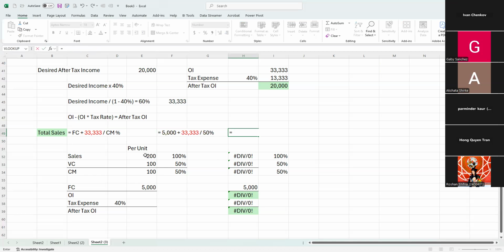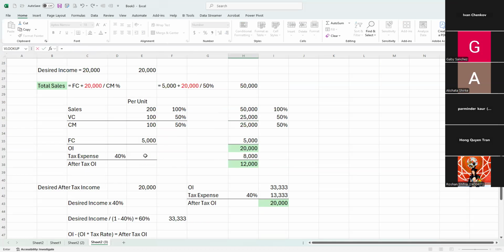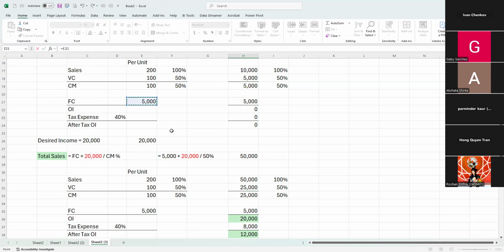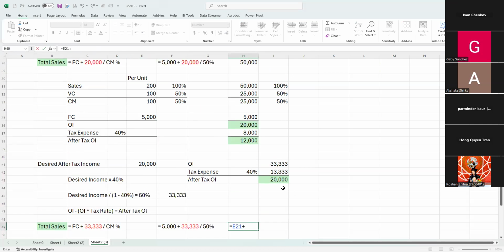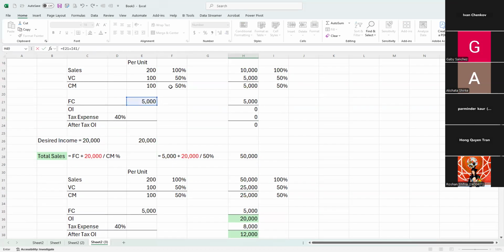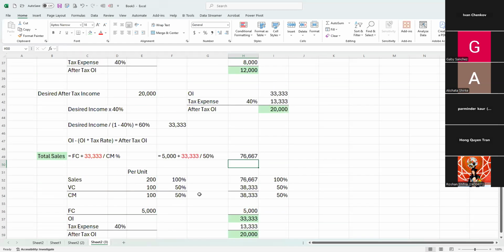So that will be the fixed cost, which is 5,000 plus 33,333 divided by 50% contribution margin. Let's put those brackets here. And my sales need to be 76,667.